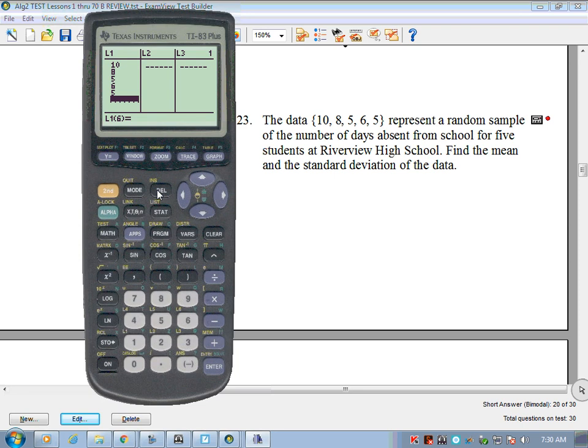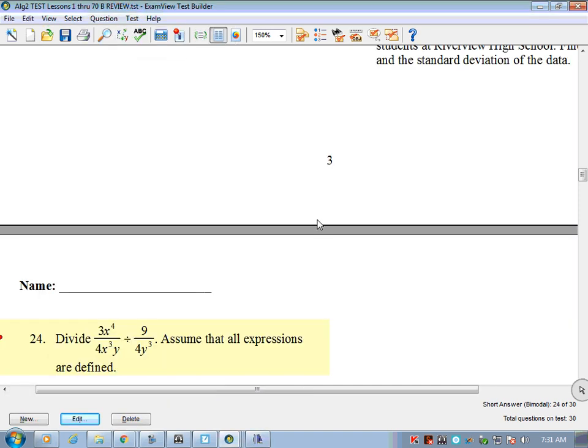You can go through and clear the list, but I think it's easier to do it this way. I'm going to hit stat, and we're going to look at one variable statistics. My mean is 6.8, and my standard deviation is this 1.94 down here, this circle with this 1.94. You can round it to the nearest hundredth.